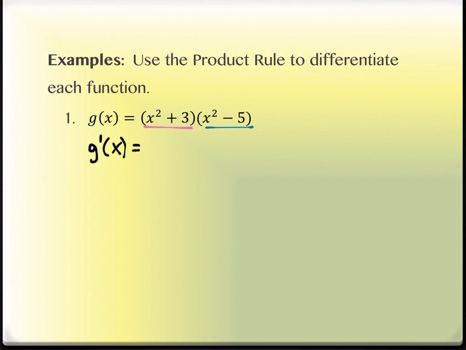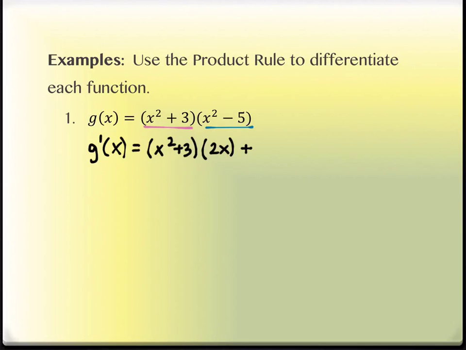I don't have to do any mathematics. I mean, really, writing something down is not math, right? All I did was rewrite. And then the part that's in blue, I need the derivative of that part. So what is the derivative of x squared minus 5? 2x. Nice. Product rule has addition between them, so there's my addition.